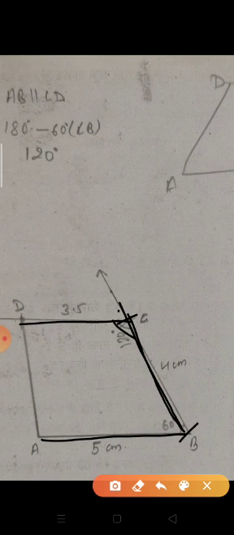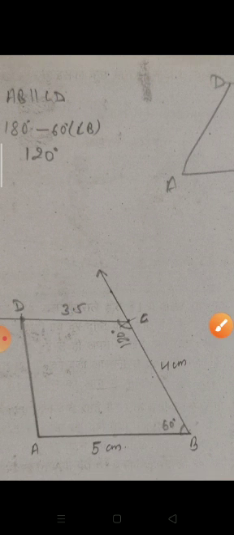So this is the angle of 120 degrees. Now we take a 3.5 centimeter distance, draw an arc of 3.5 centimeters, mark D, and join D to C, and then draw the line from A to D. Now this is your final construction.